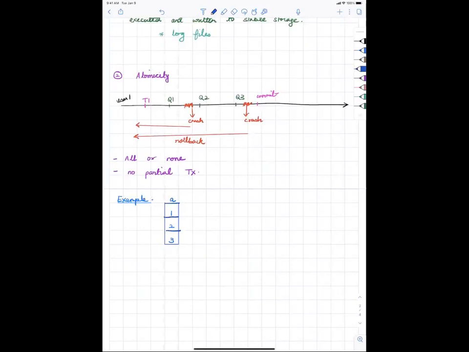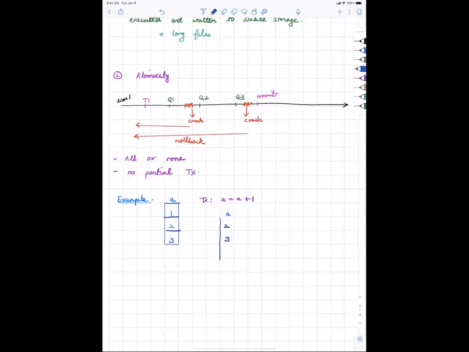Suppose the user is running a transaction that is just one query saying A is equal to A plus 1. So I'm incrementing A by 1. Suppose this starts running right now, and it's getting implemented. Suppose the first value becomes 2 and it's getting updated now.